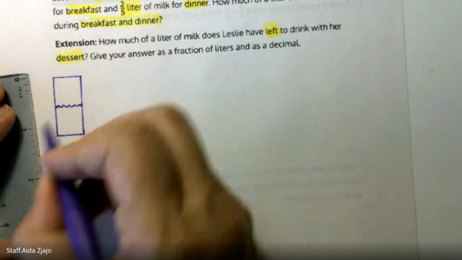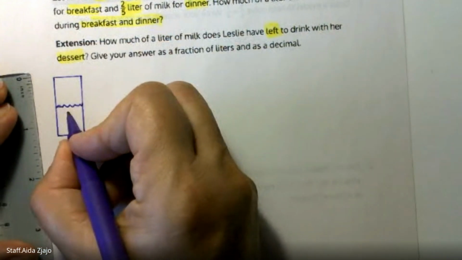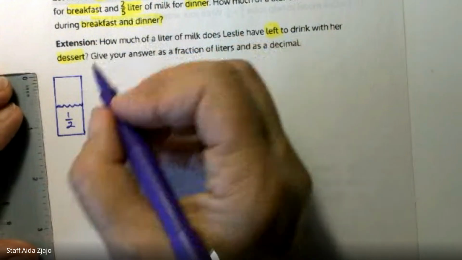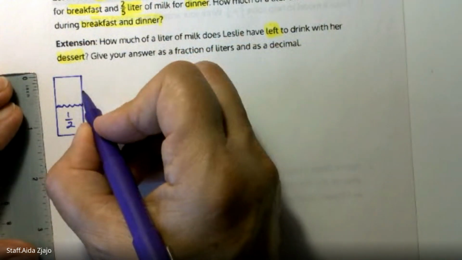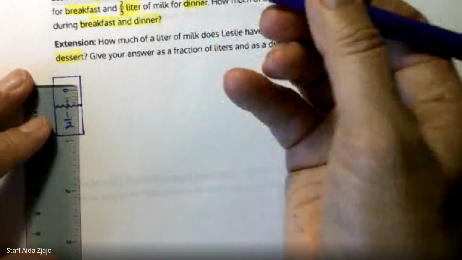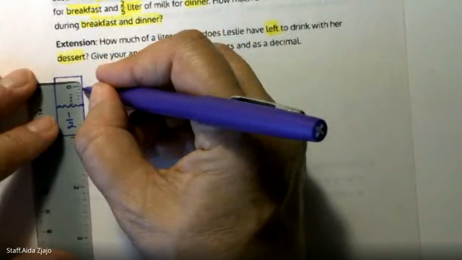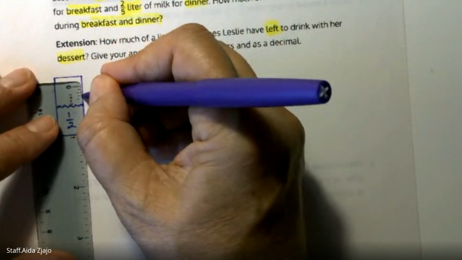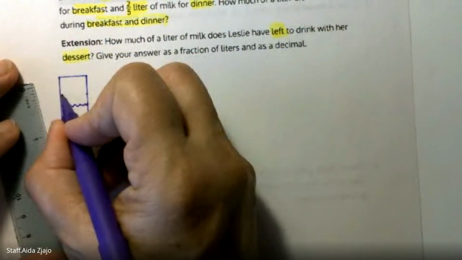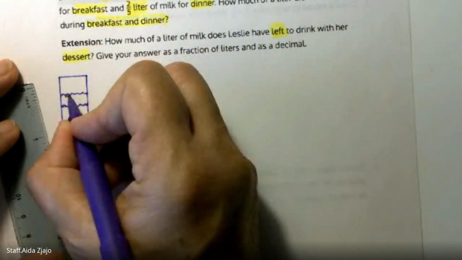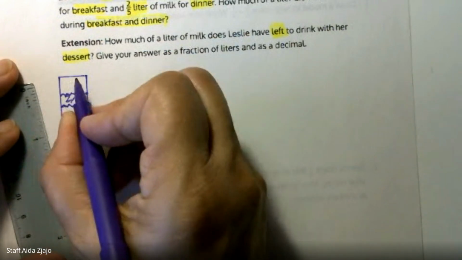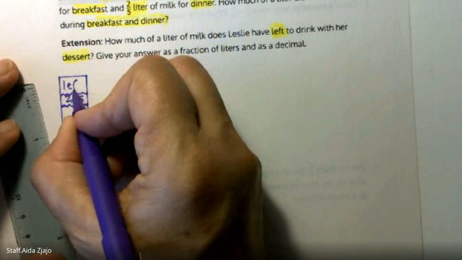She drank that in the morning. Then she drank 2/5 in the afternoon. Let's say this could be the 2/5, and then this is what is left of the milk.